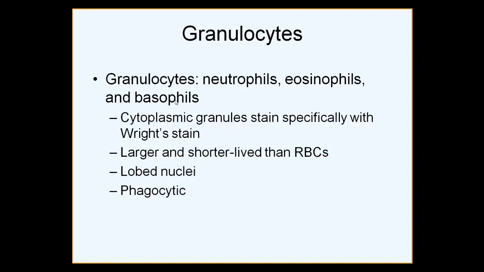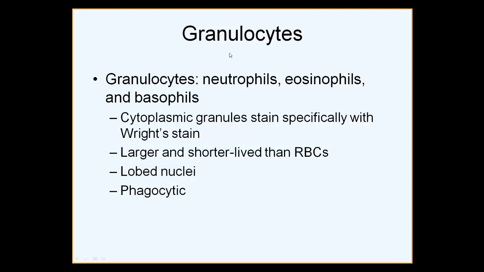The cytoplasmic granules will stain either basic or acidic, with eosin. If basic, we call it basophil, and these will look blue, and the eosinophil will look red, when we stain them with the right stain.